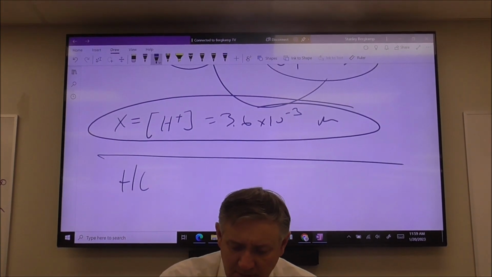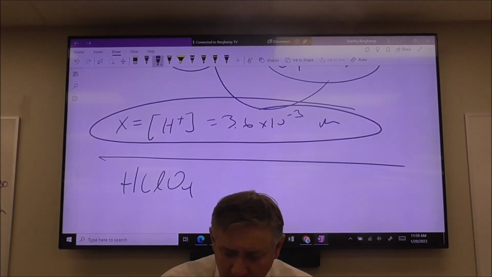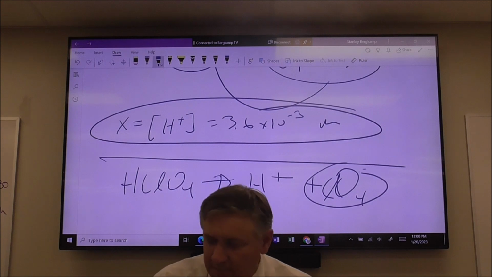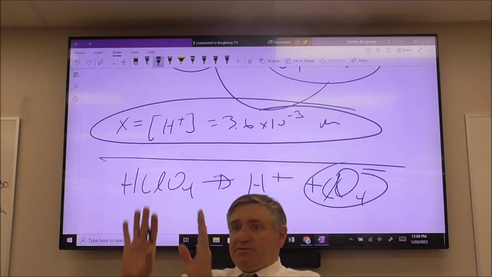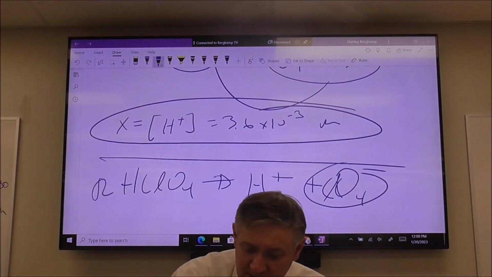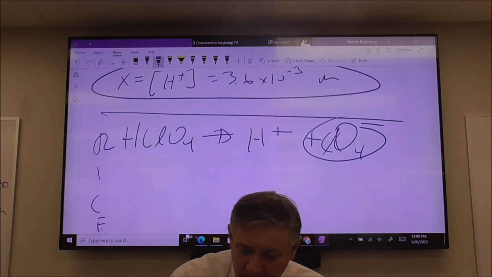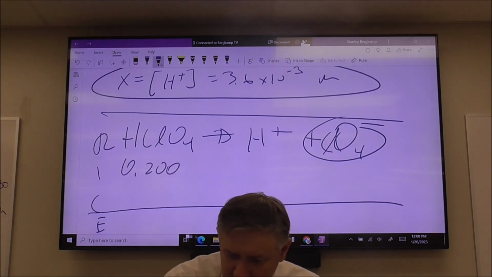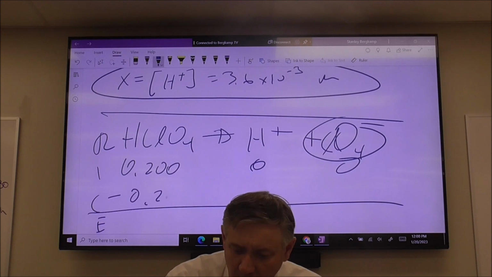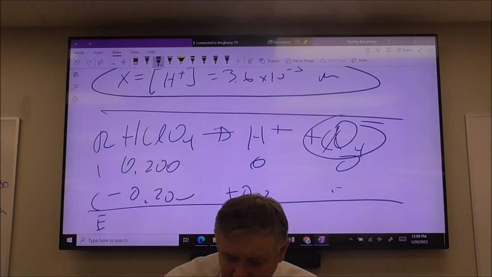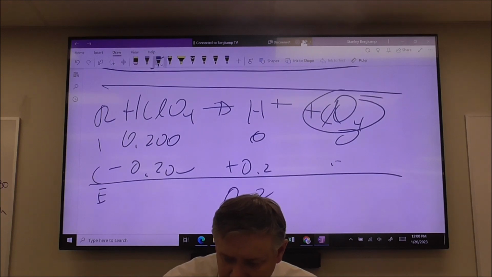This HClO4 is a strong acid, which by definition completely ionizes. If you set up the RICE chart, for a strong acid you start off at 0.2, all of that ionizes, plus 0.2, plus 0.2, and you get 0.200.